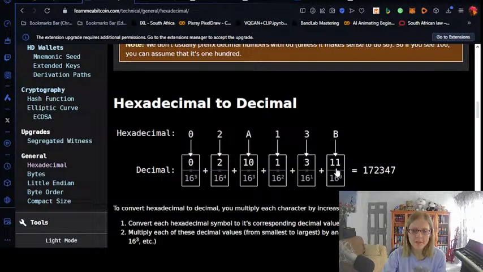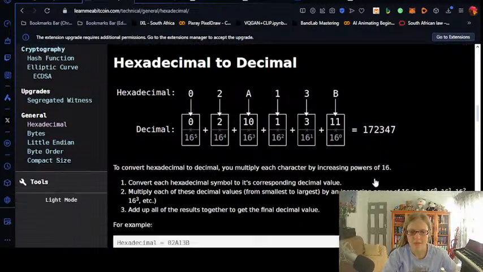So we would end up with 11. And then you do the same here. 3 is 3 in decimal. And then we would say times 16 to the power of 1. So we'd basically be saying 3 times 16. And we keep doing that all the way across. And then we add up our answers. And you should get to 1072347.